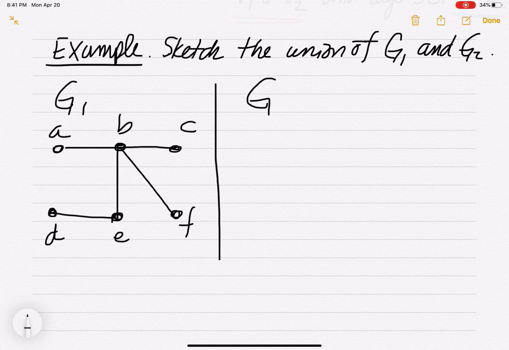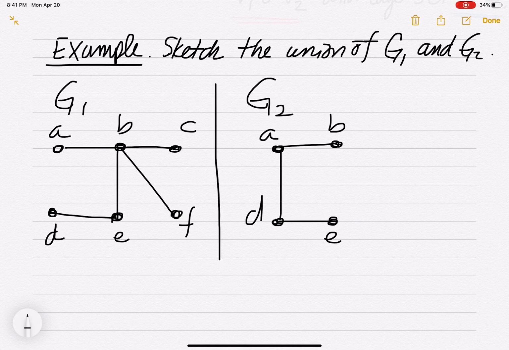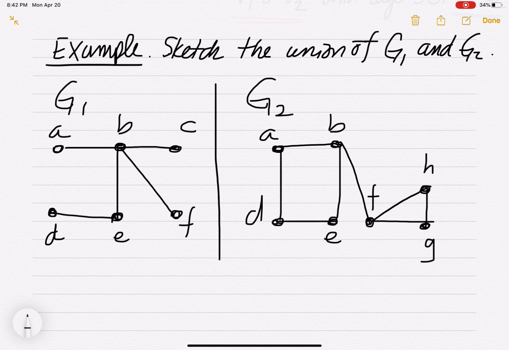Here's G2 over here, another graph. A, B, D, E, F, H, G, and connect F and G.